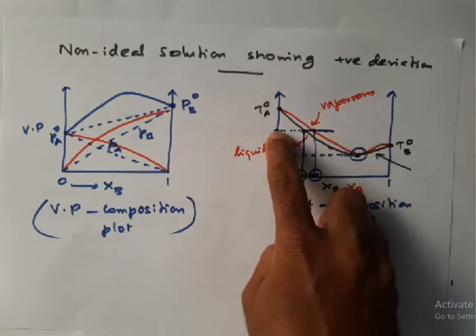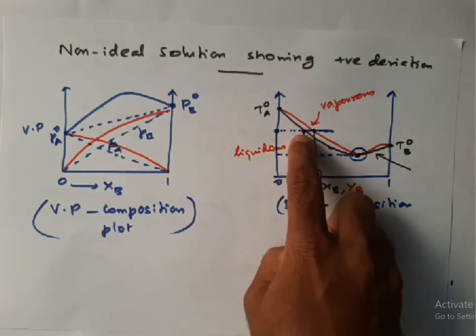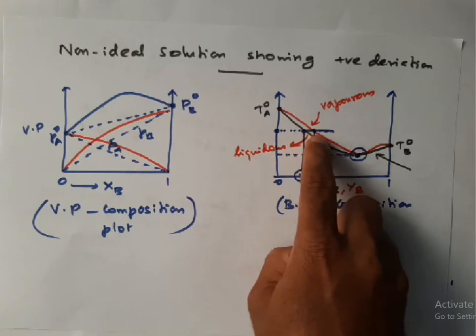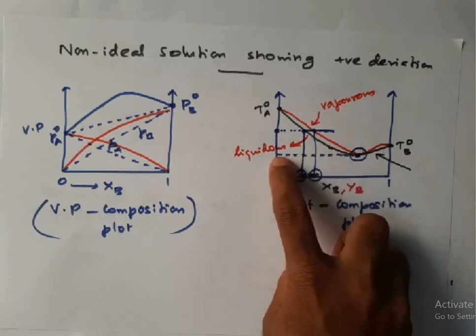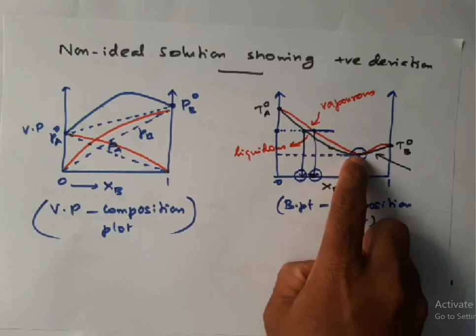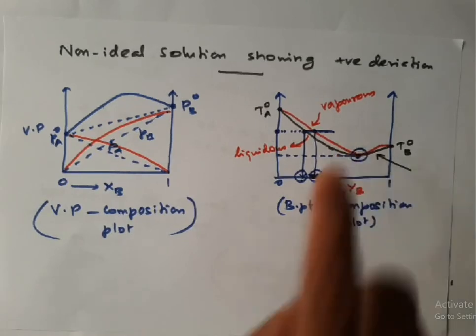If you take any other boiling point, the mole fraction of B in the liquid phase and the vapor phase are different. But exactly at this boiling point, called the minimum boiling point, the lowest possible boiling point, the mole fraction of B in the liquid phase and in the vapor phase are one and the same.